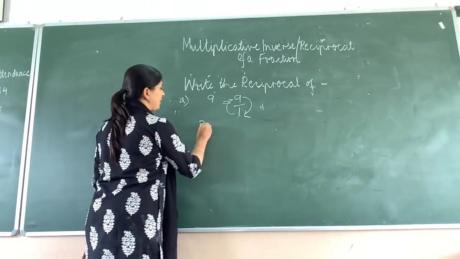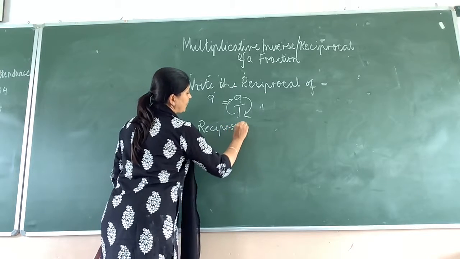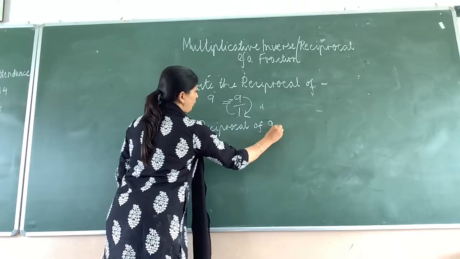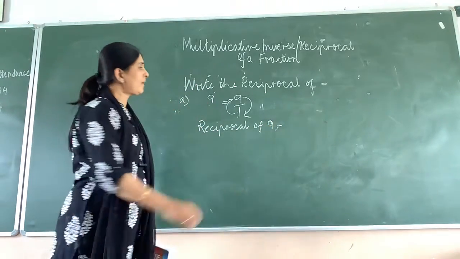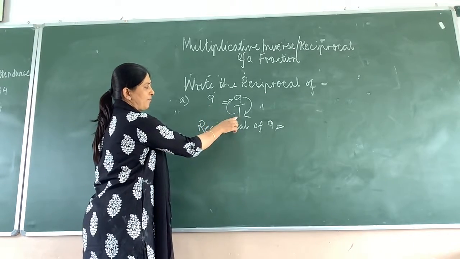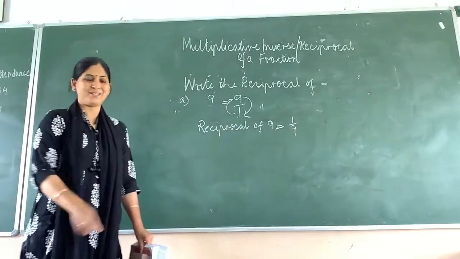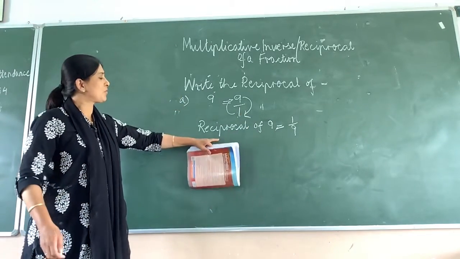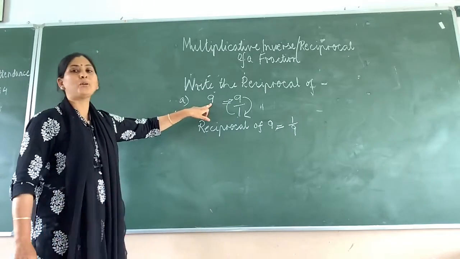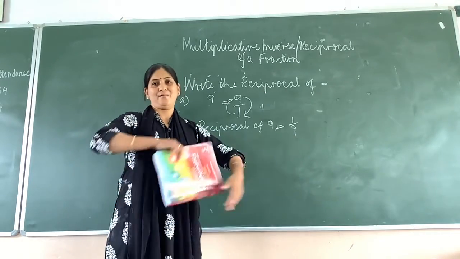So reciprocal of 9 will be 1 over 9. So you see, the property that I explained just now: if a number is more than 1, its reciprocal is less than 1.